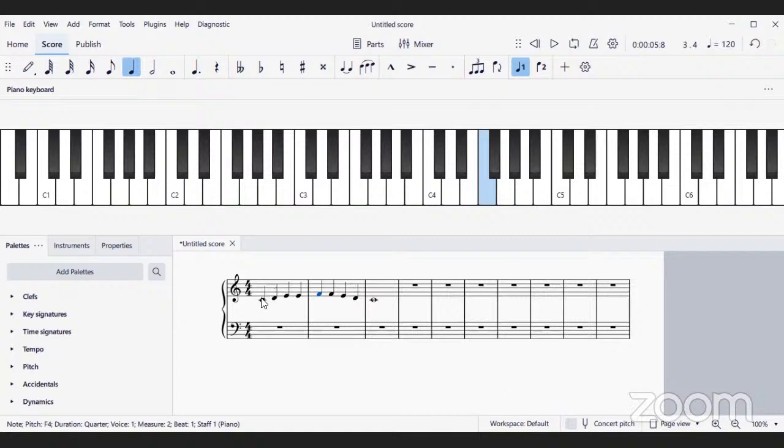Let's try it together. 1, 2, 3, and. 2, 3, 4. You have to sustain that note. One more time. 1, 2, 3, and move.